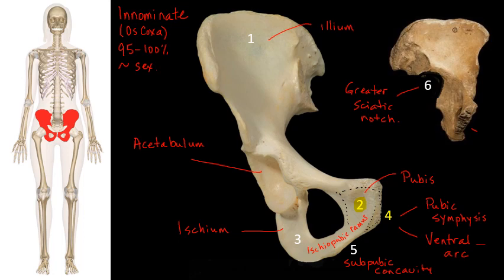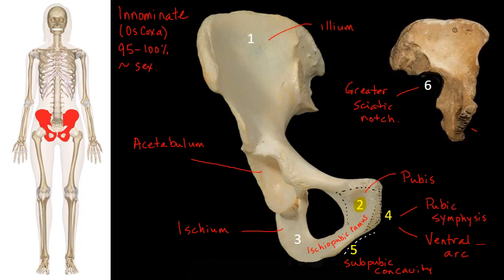So that pubis, the pubic symphysis, the ischiopubic ramus, you want to get good images of. Moving down a little bit more, we want to get good images of that subpubic concavity. And really what we're seeing here is a little bit of a concavity. It's exactly what it is. It's a groove upwards, okay?